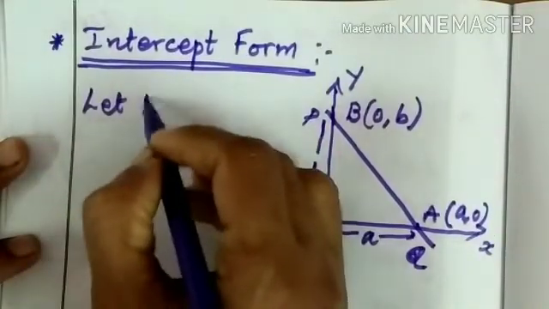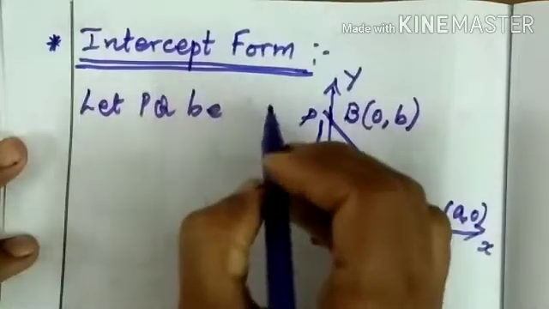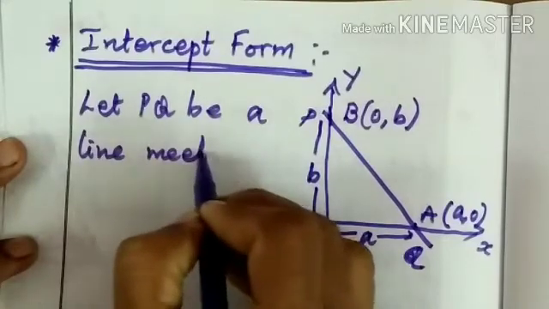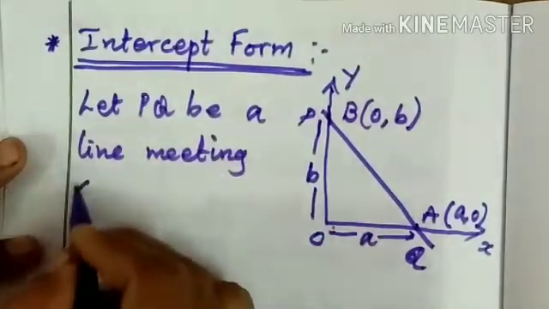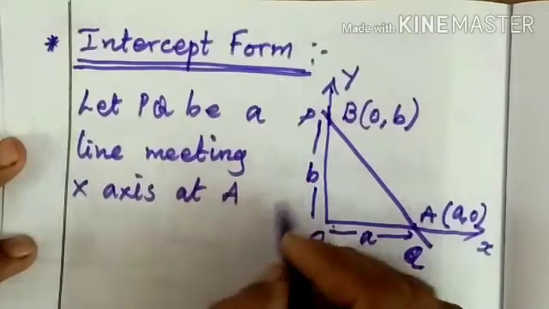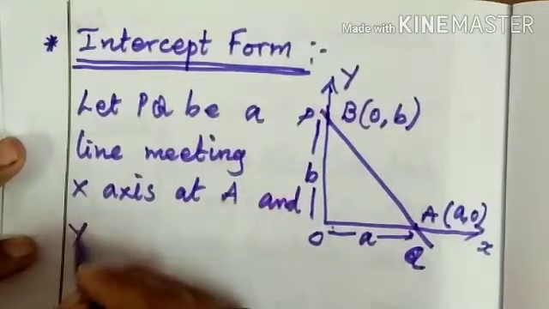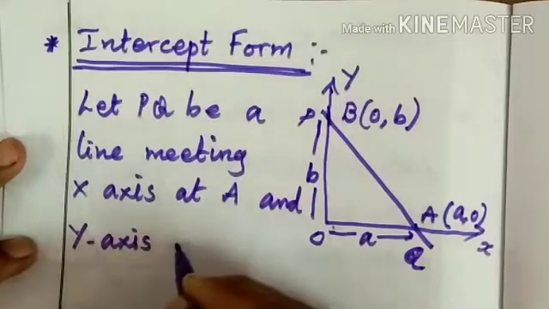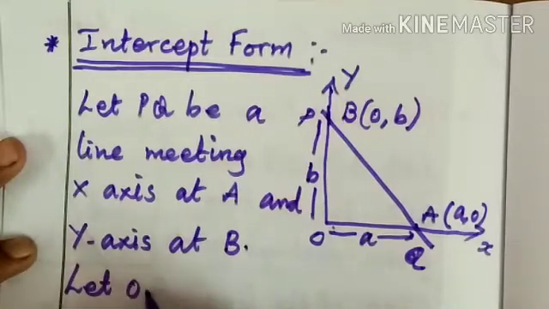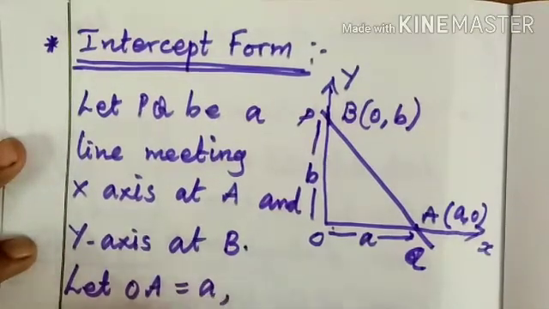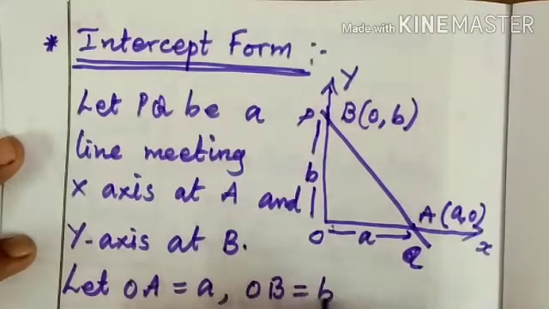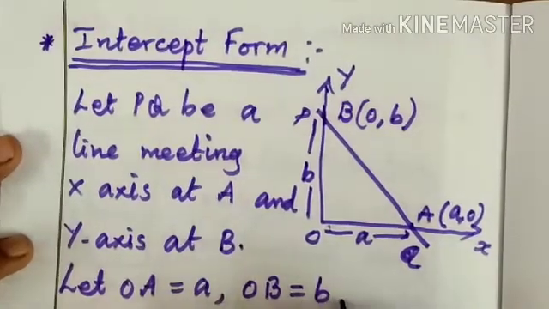Let PQ be a line meeting the x-axis at A and the y-axis at B. Let OA is equal to a, that is the distance of OA is equal to a, and OB is equal to b, the distance of OB is equal to b.